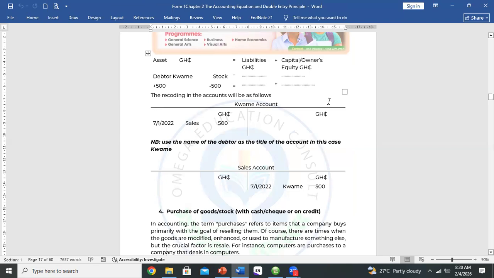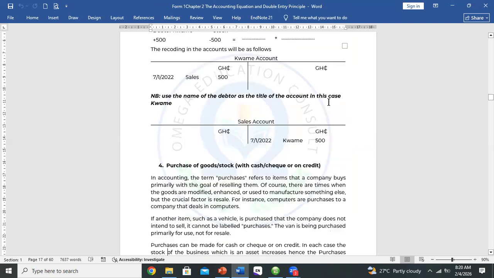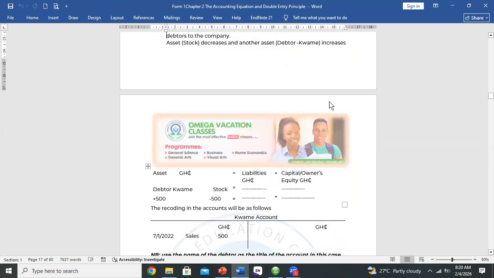Why can't you say the liability of Kwame increases? You see, accounting is such that there are always two sides to the transaction. You are the accountant for the business, so you are not bothered about Kwame, because Kwame would be recording his own transactions.